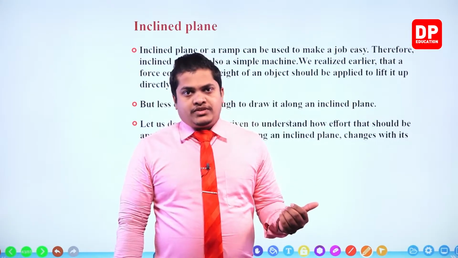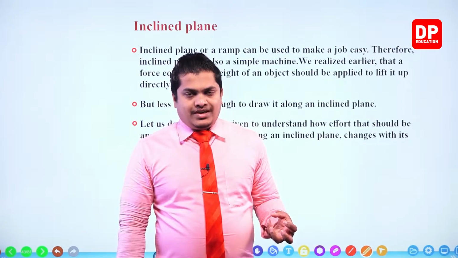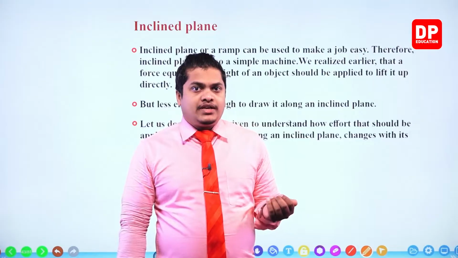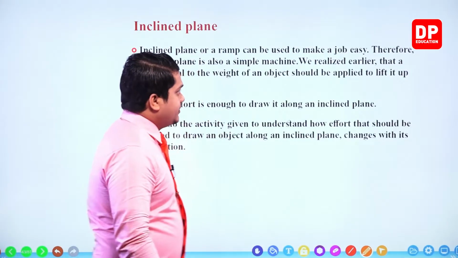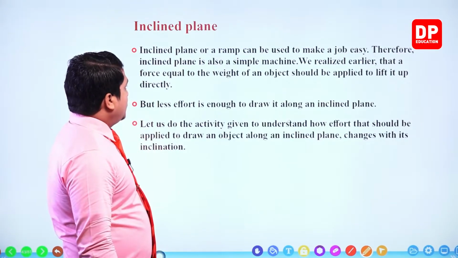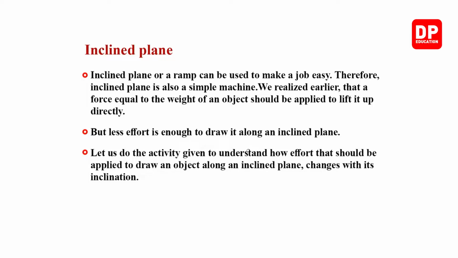By using the inclined plane, we can do the work with ease. This is the main advantage of the inclined plane. Here it is given, an inclined plane or a ramp can be used to make a job easy. Therefore, the inclined plane is also a simple machine.